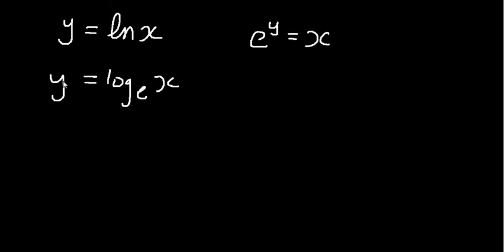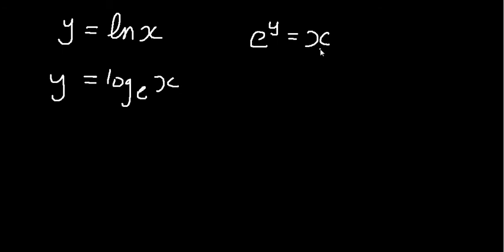So e to the power y is equal to x. So my x values here are results of e being raised to the power of y. Now e is positive, so this x value could never be negative.